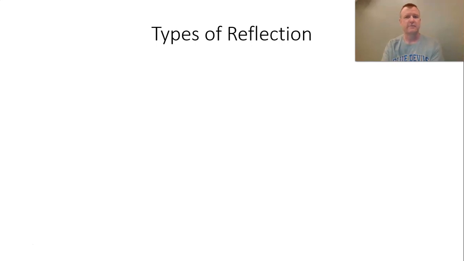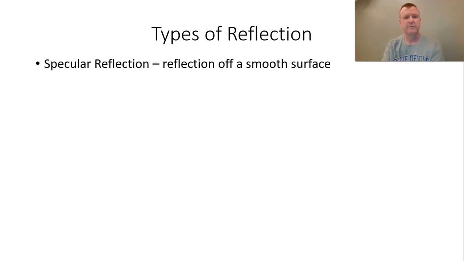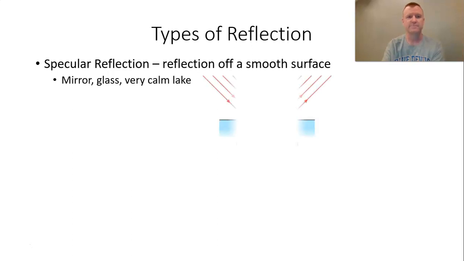Now, there are two types of reflection. First is called specular reflection, and that is reflection off a smooth surface. Smooth surface meaning like a mirror or a glass or a very calm lake. Your cell phone, before you turn that on, you look at it, you probably see a reflection of your face in that. That's specular reflection.